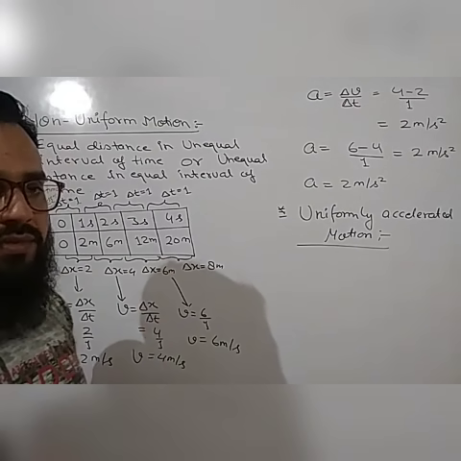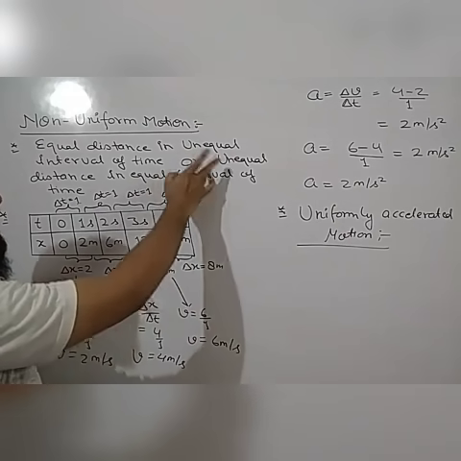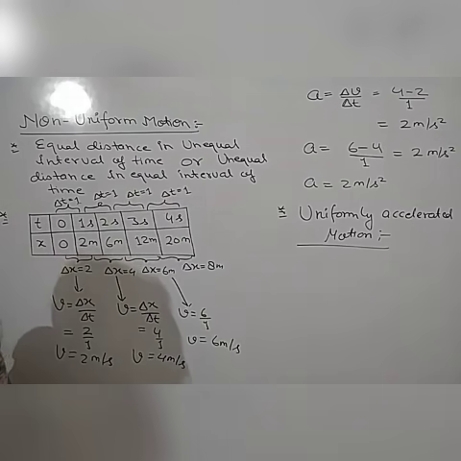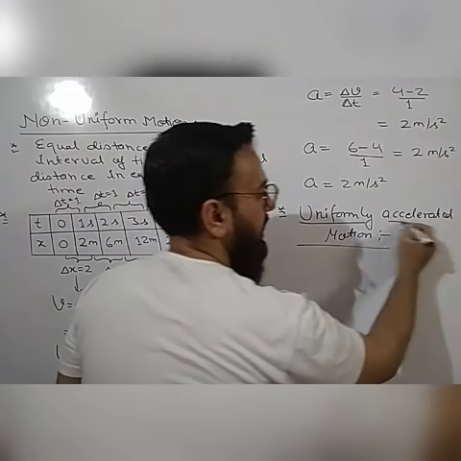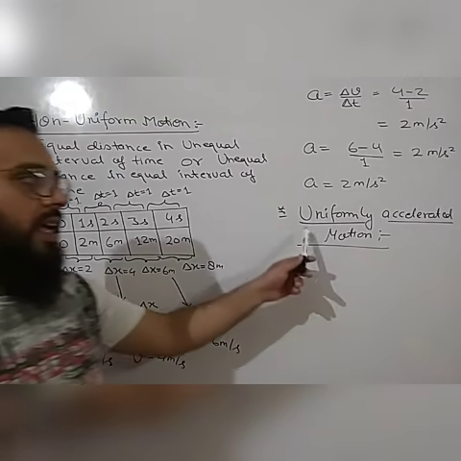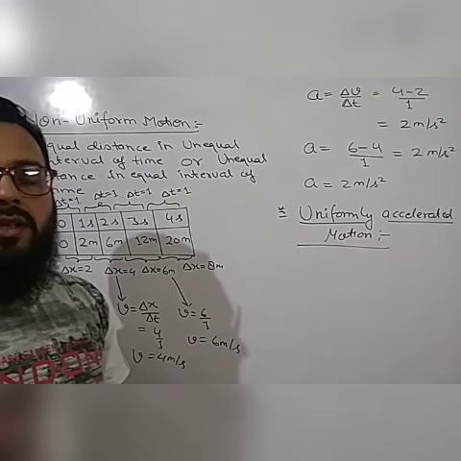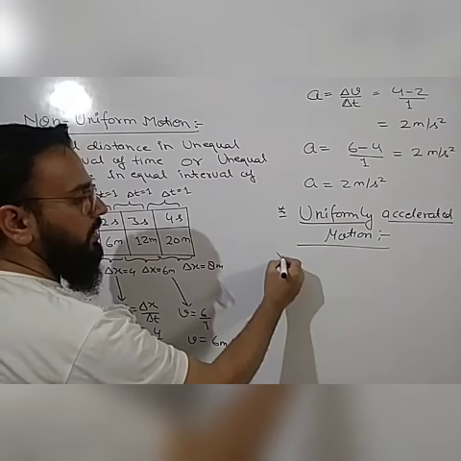So the basic definition will be: when a body covers equal distance in unequal interval of time or unequal distance in equal interval of time, and if acceleration is uniform. What is the meaning of uniformly accelerated? It means the acceleration will be constant. So note down the definition of uniformly accelerated motion. What are the conditions?